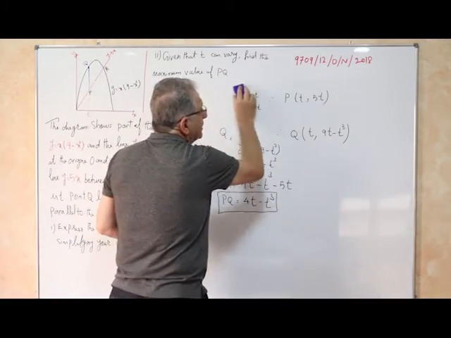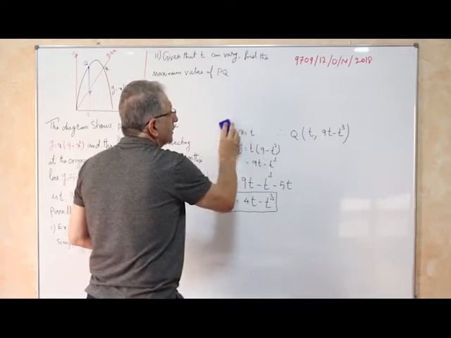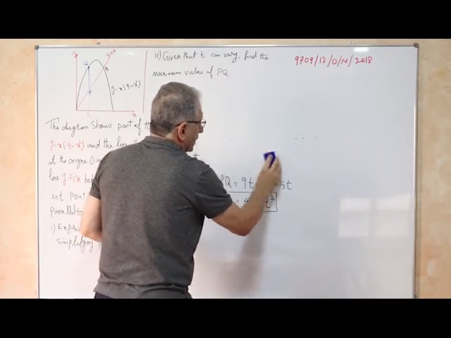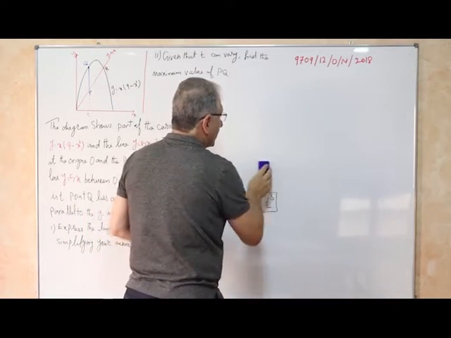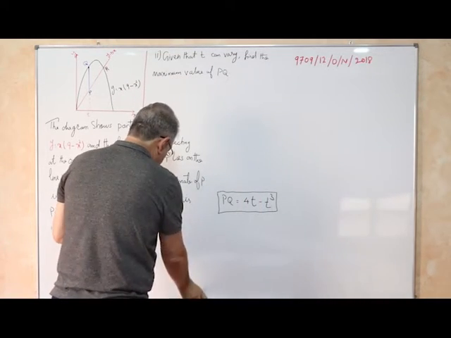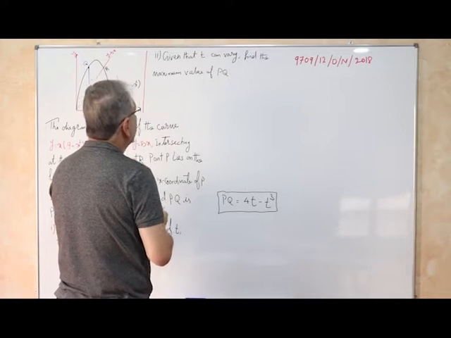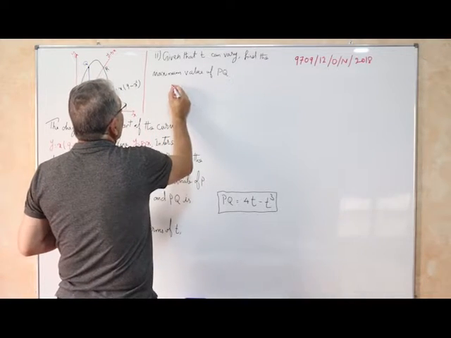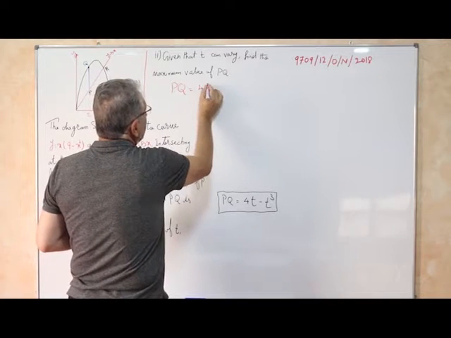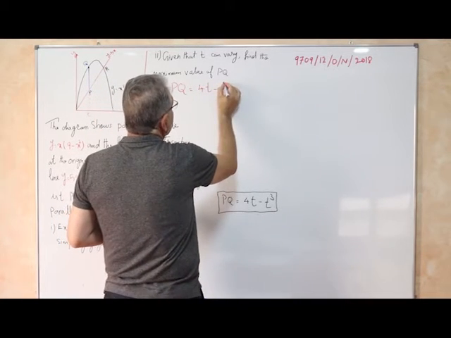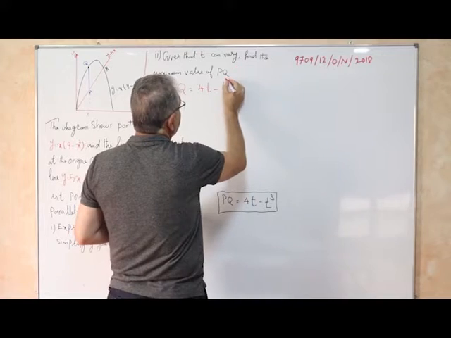I will erase this. I need only this part, then I will copy it down there. Remember, we have PQ equal to 4t minus t to the power of 3.